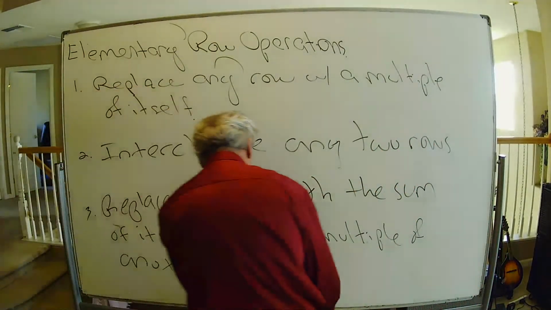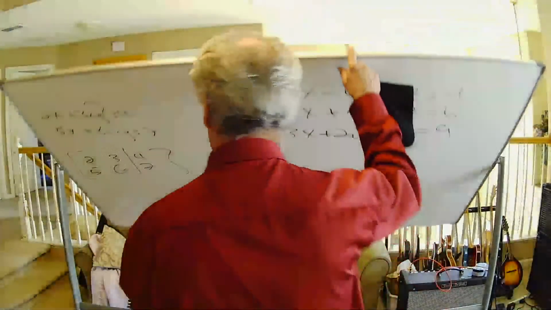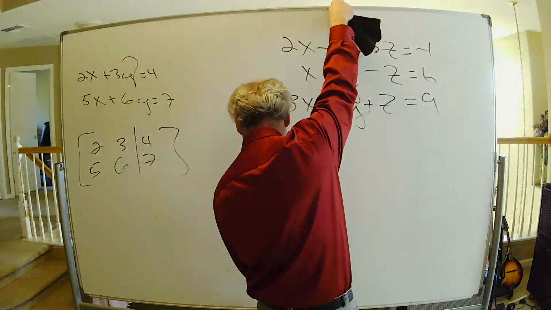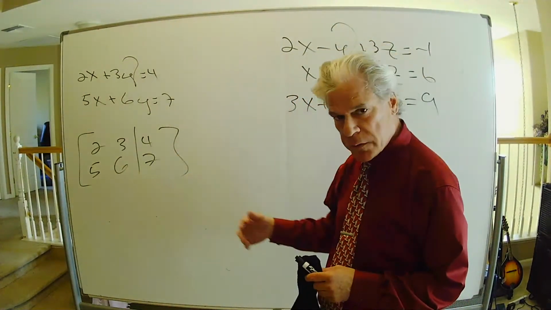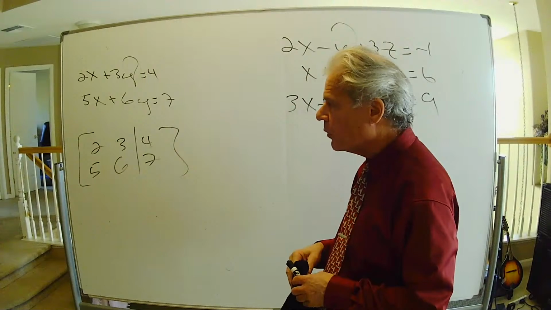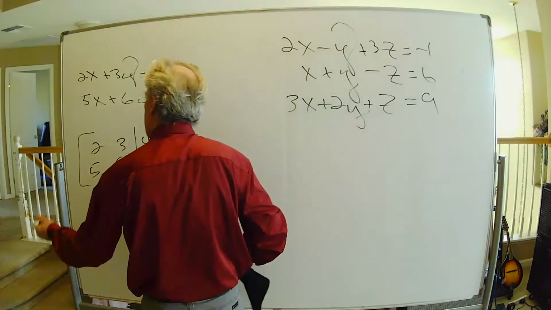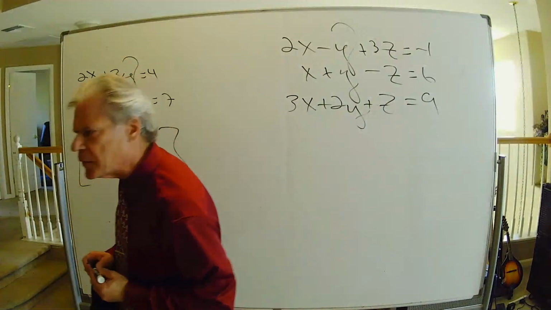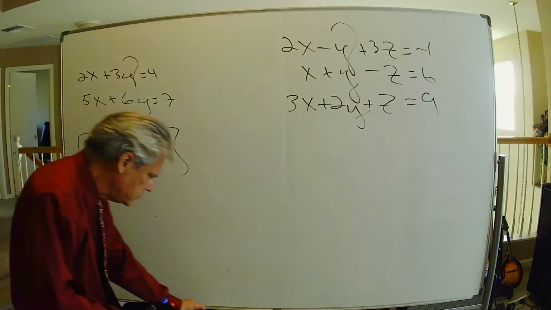Let's go back to the other board and solve the first system. So I have rewritten the system as an augmented matrix, and now let me perform row reduction. To perform row reduction, I jump from column to column. Let's see if this camera that I haven't used before shows color well enough.